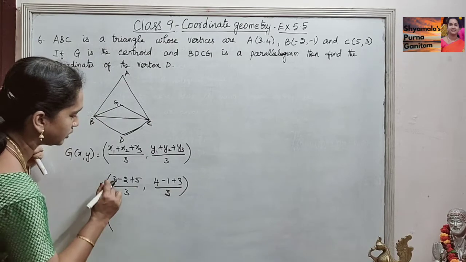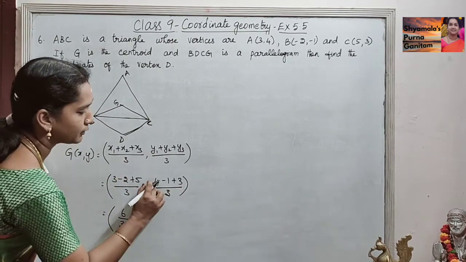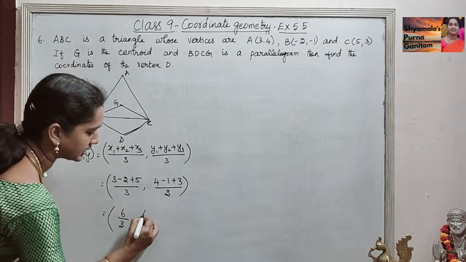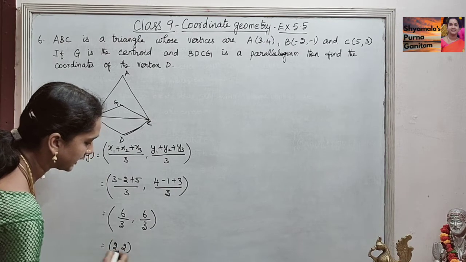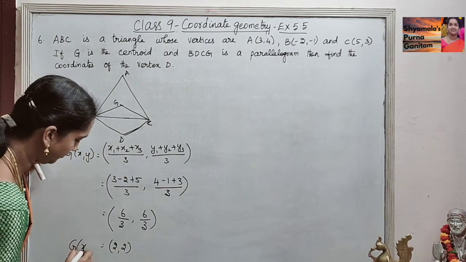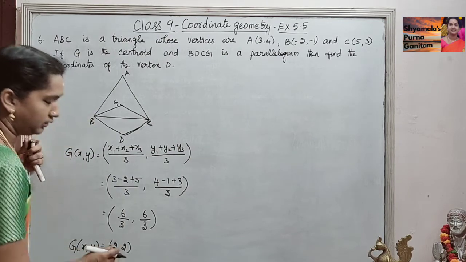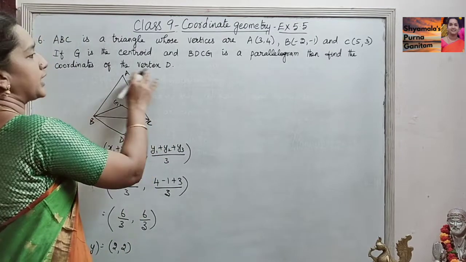So this is equal to 3 minus 2 is 1, 1 plus 5 is 6 by 3, comma 4 minus 1 is 3, 3 plus 3 is 6, which is also 6 by 3. So we'll get the coordinates of the centroid as 2 comma 2.